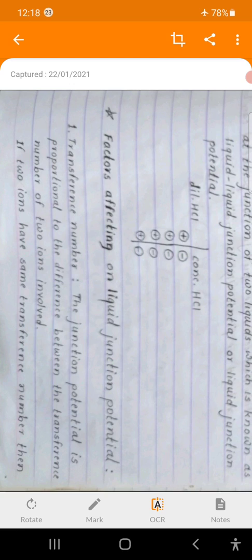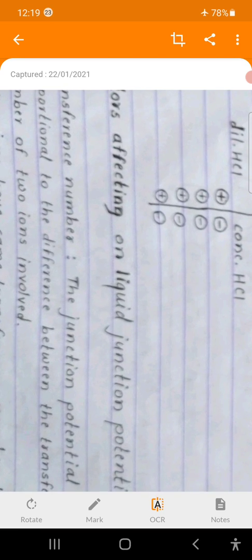If there is a large difference between the transference number of cation and anion, then there is a large development of EJ. The magnitude of developed EJ is also more if the transference number difference of cation and anion is more.